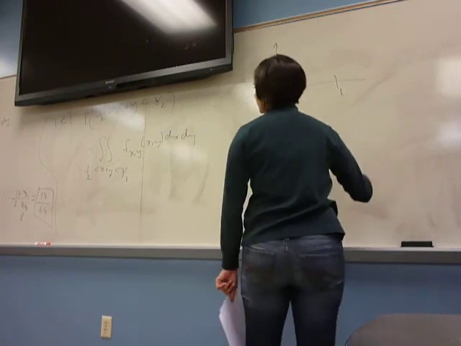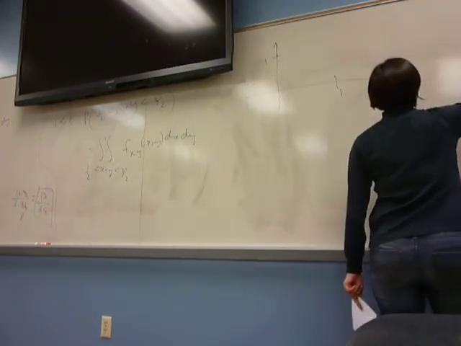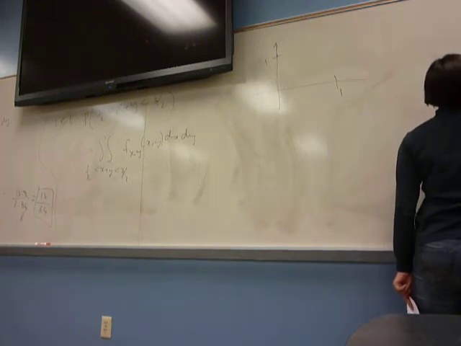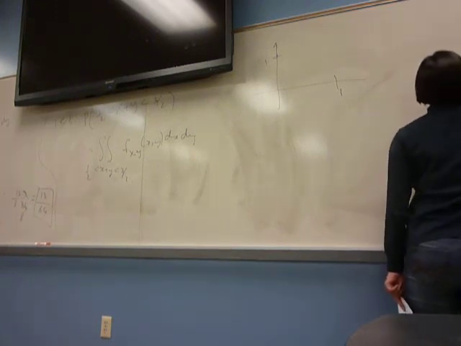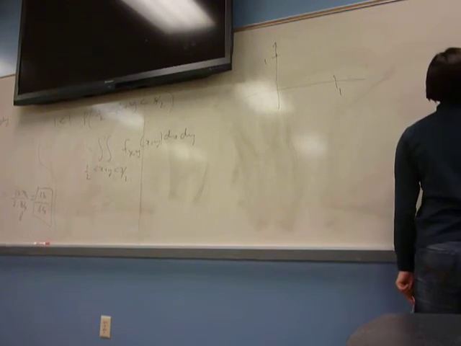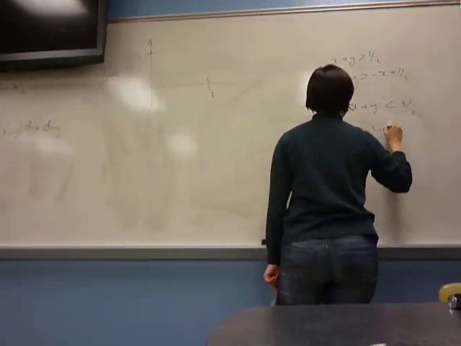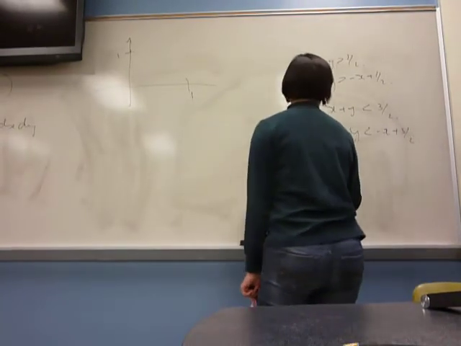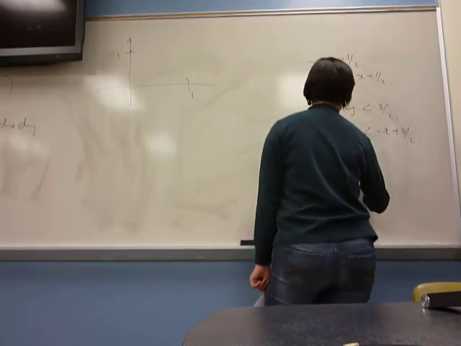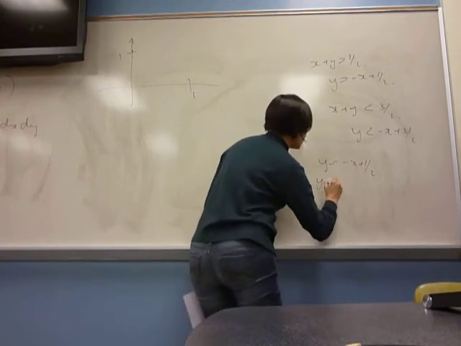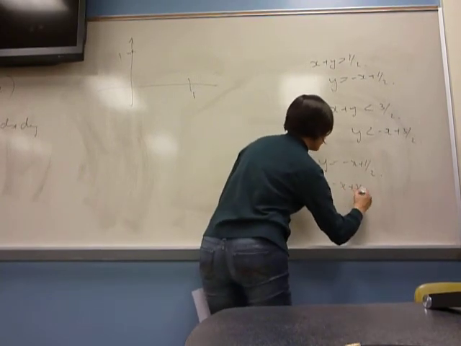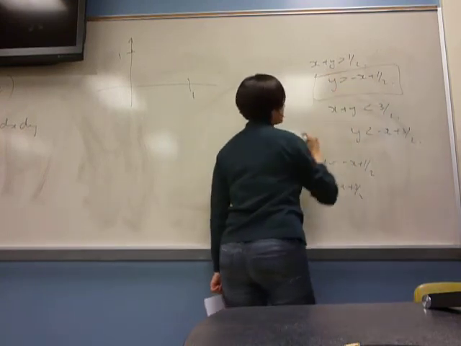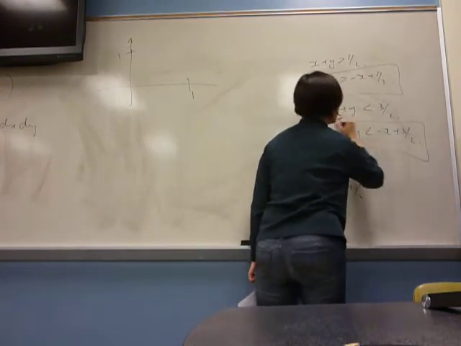So x plus y greater than 1/2 means y is greater than negative x plus 1/2, and x plus y less than 3/2 means y is less than negative x plus 3/2. So your boundary lines are y equals negative x plus 1/2 and y equals negative x plus 3/2. So we're looking at y greater than negative x plus 1/2 and y less than negative x plus 3/2.